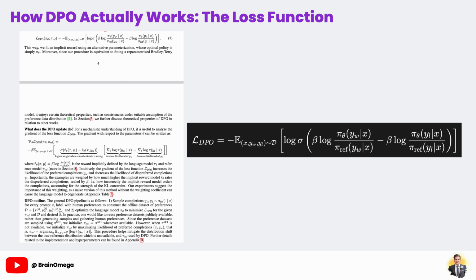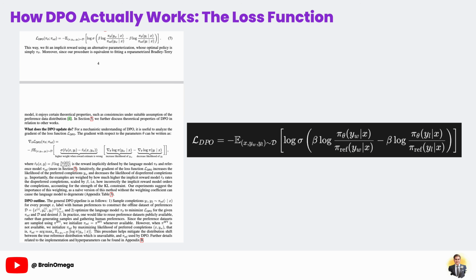The sigmoid weight. This is the most elegant part. The entire term is wrapped in a logistic sigmoid function. This acts as a dynamic, intelligent weight. When the model already assigns a much higher probability to the winning response than the losing one, this weight is small. But when the model is wrong, when it thinks the losing response is better, the weight becomes large.